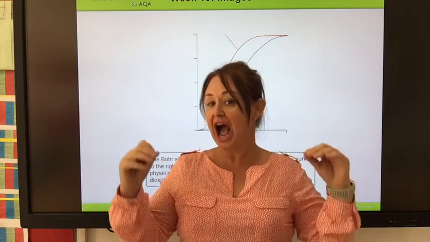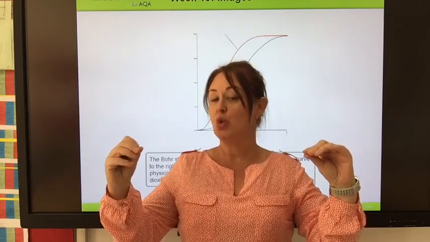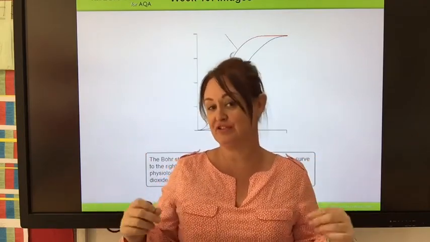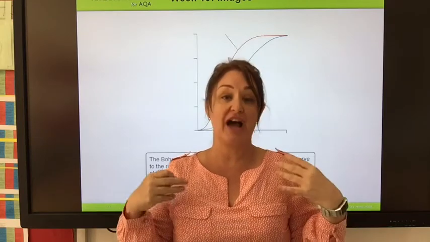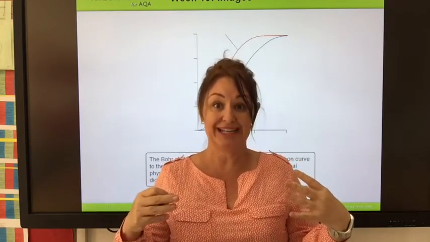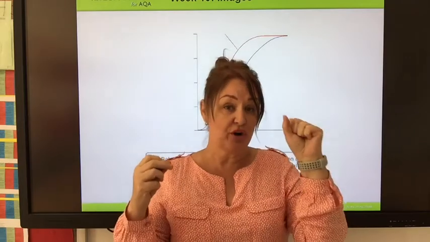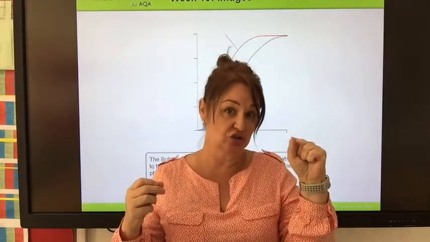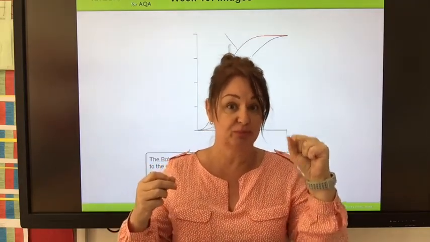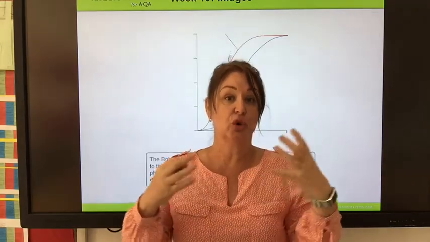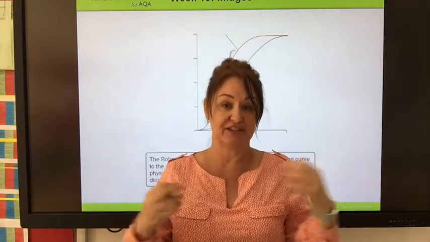The reason why is that if we've got high carbon dioxide levels, we must have a high level of respiration. If we have a high level of respiration, we need oxygen. So we don't want haemoglobin hanging on to that oxygen. We want the haemoglobin to dump it, to dissociate, to unload it, ready for the tissues.